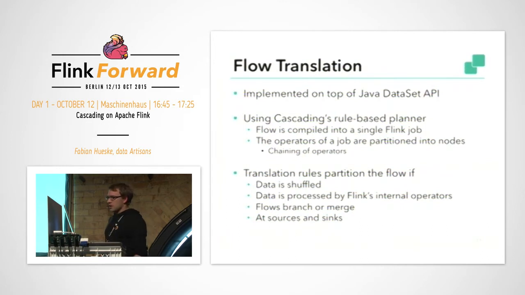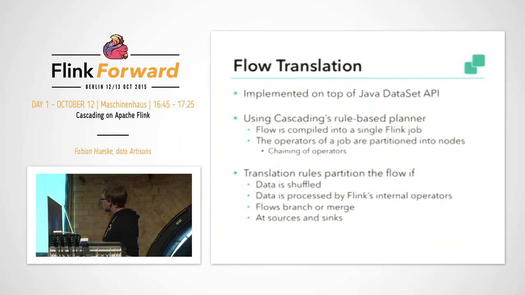And we're also using Cascading's rule-based planner. We implemented the translation rules in a way that a Cascading flow is translated into a single Flink program. So no more different jobs that need to be coordinated, but instead one single job.